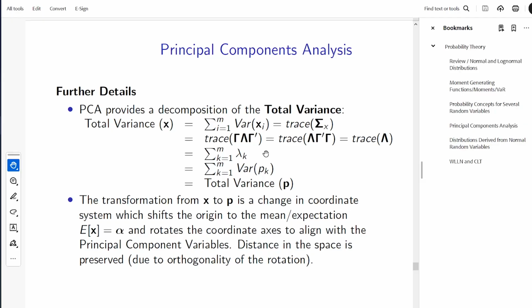We can decompose that total variance as the sum of the eigenvalues. And so principal components analysis provides a decomposition of variability, and we can see what proportion of variability is explained by the first or the first few principal component variables.